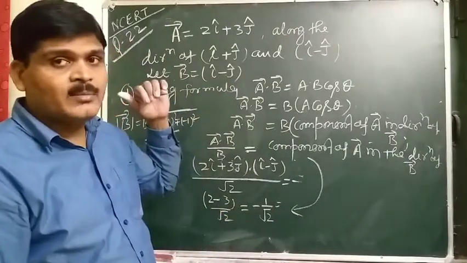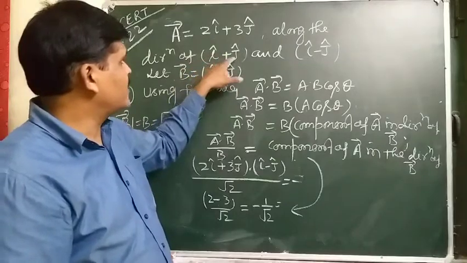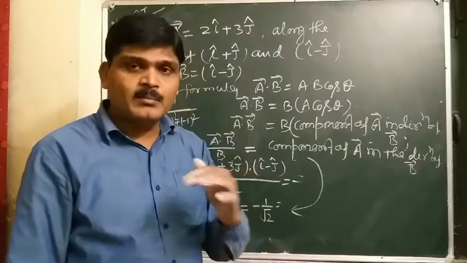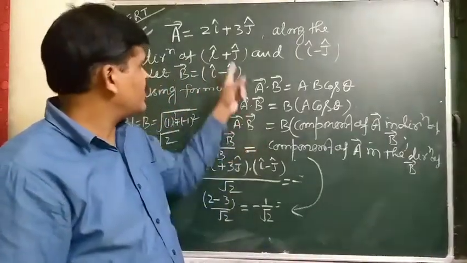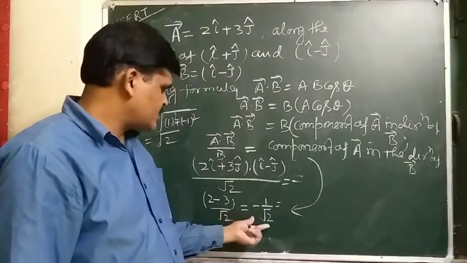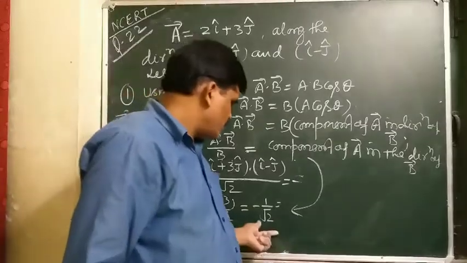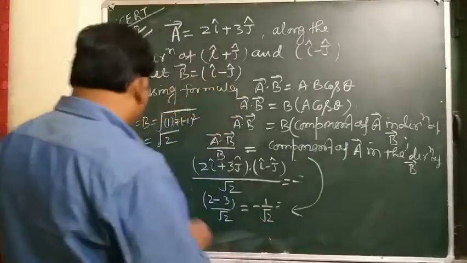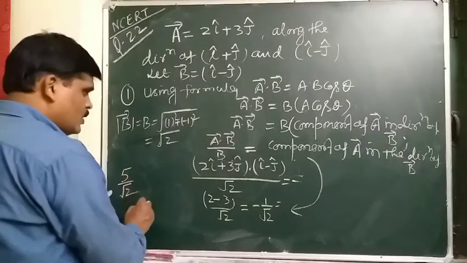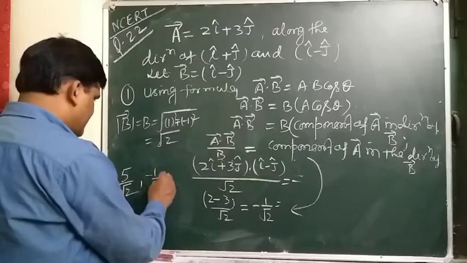So the component of A in the direction of i cap plus j cap comes out to be 5 by root 2, and the component of A in the direction of i cap minus j cap in this case comes out to be minus 1 by root 2.